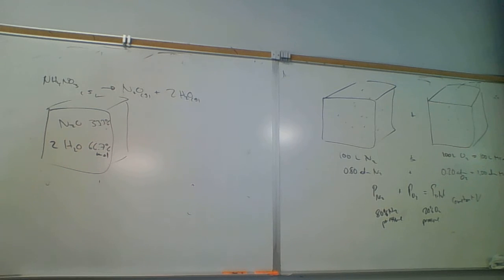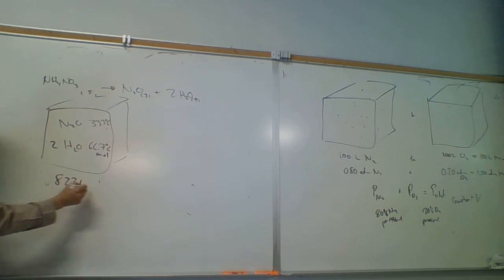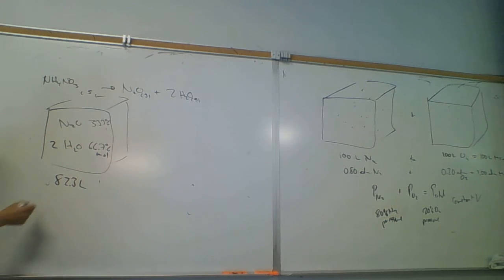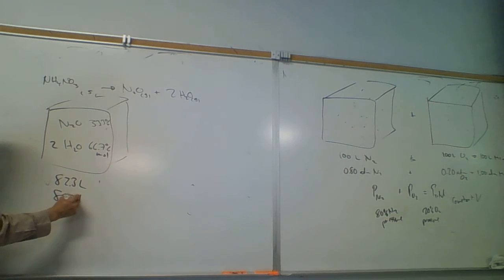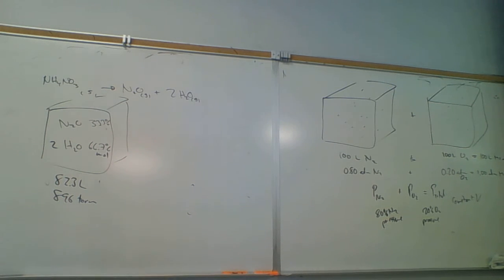Now, what do I have here? I know that this is 82.3 liters. And the pressure of this mixture is 896 torr. So what are the 2 ways I can describe this mixture?